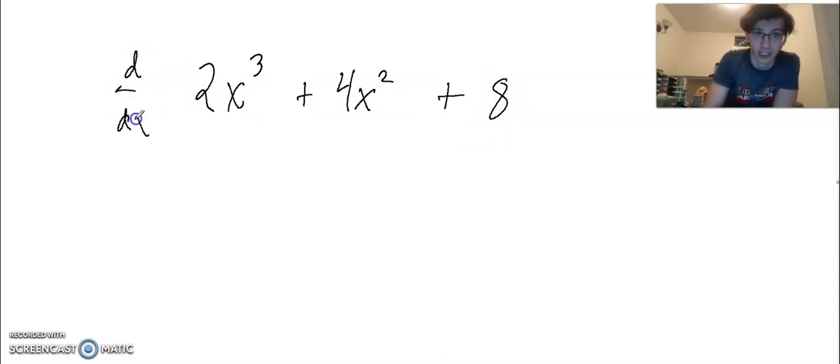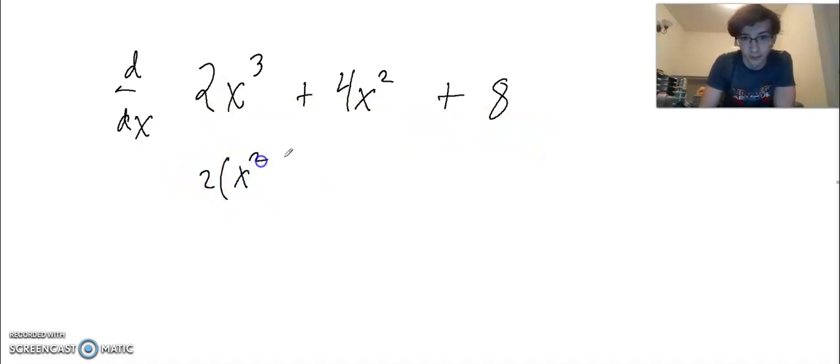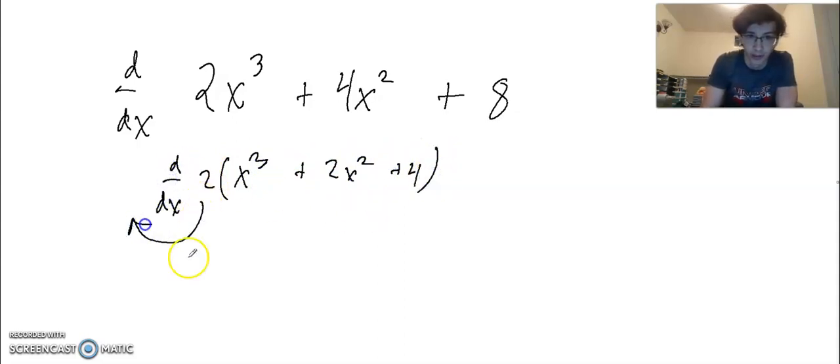And we have d dx. Well, what I see right here is we have 2 that goes into all of these. So let's just factor that out. Bring the 2 out.